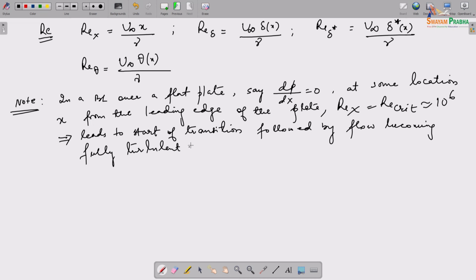Okay. All right. Now, the mean momentum equation in the y direction. Okay. So, let us see what that is.